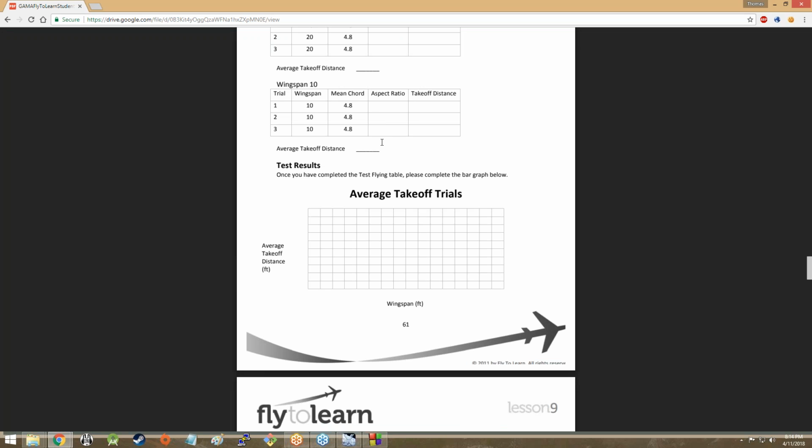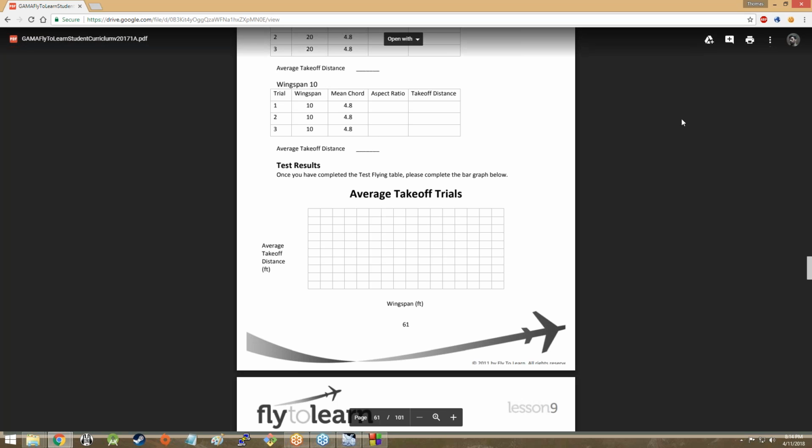For those of you writing down the data as you go along, and really, you probably notice this anyway, if we were to look at our graph here, where wingspan in feet started at 10 and went to 50, and average takeoff distance was like 1,000 to, let's say, 5,000. I'm just pulling some numbers. There's nothing really hard and fast about these.